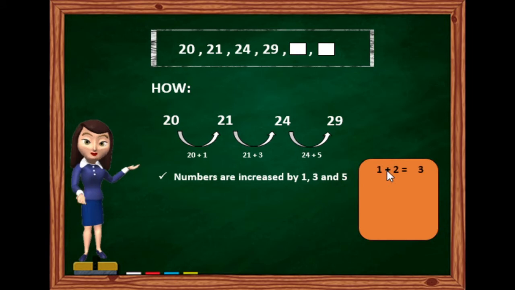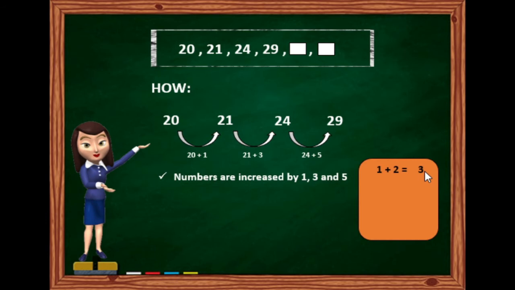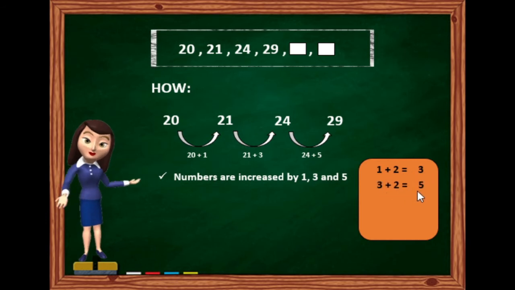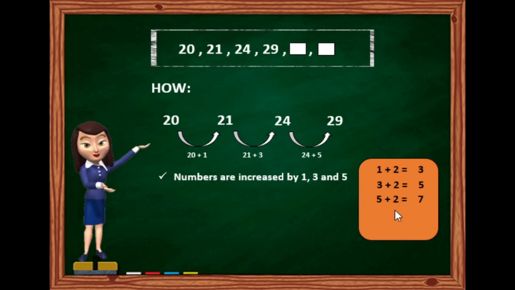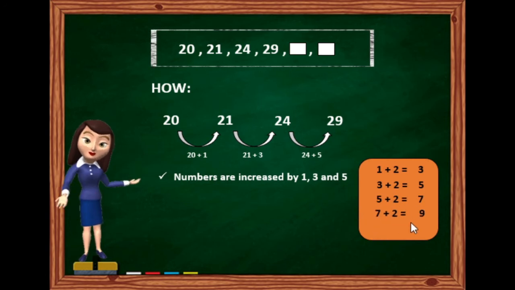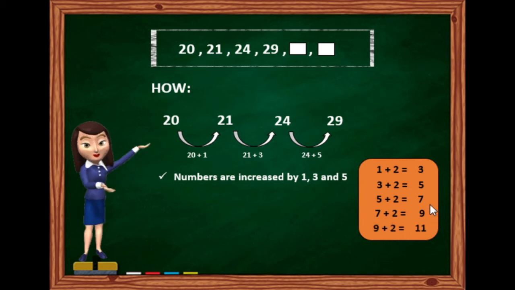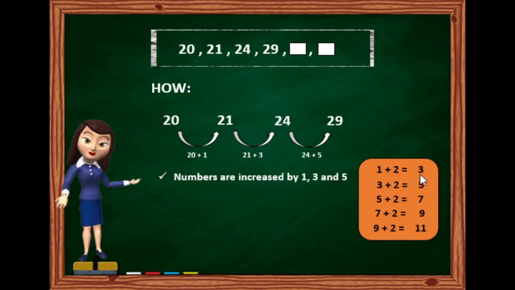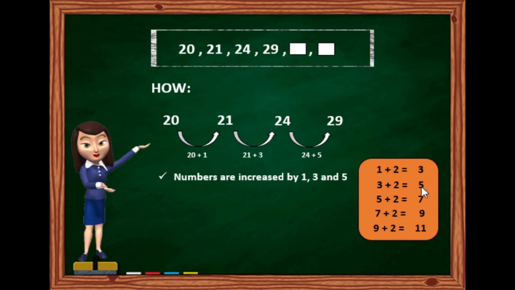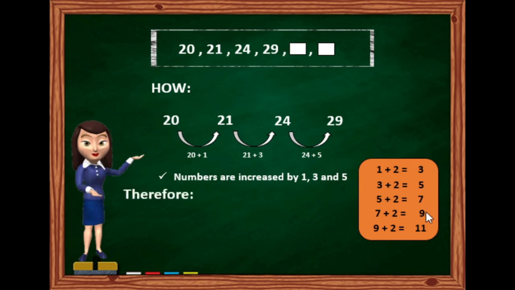So, by jotting it down over here, we have 1 plus 2 is 3, 3 plus 2 is 5, 5 plus 2 is 7, 7 plus 2 is 9, 9 plus 2 is 11. So it was shown earlier, numbers are added by 1, 3, 5, 7, 9, and 11.